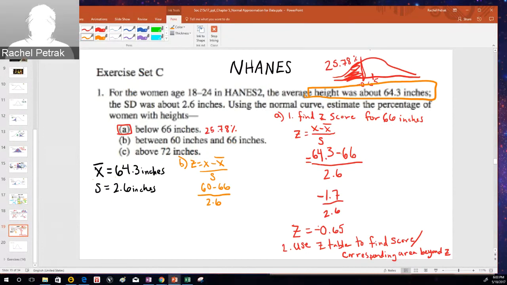I mixed them up, and so in my fixed version of the problem, I'm going to remember that, and this should be obvious, because I would be expecting 66 to be a score above the mean. So this should be, and I apologize, but it's a great example of how you can catch yourself.